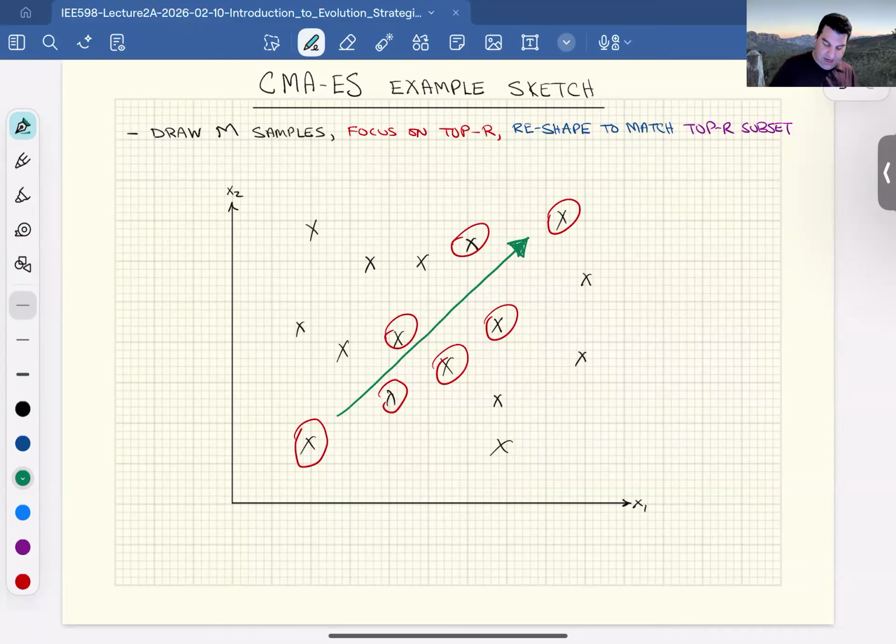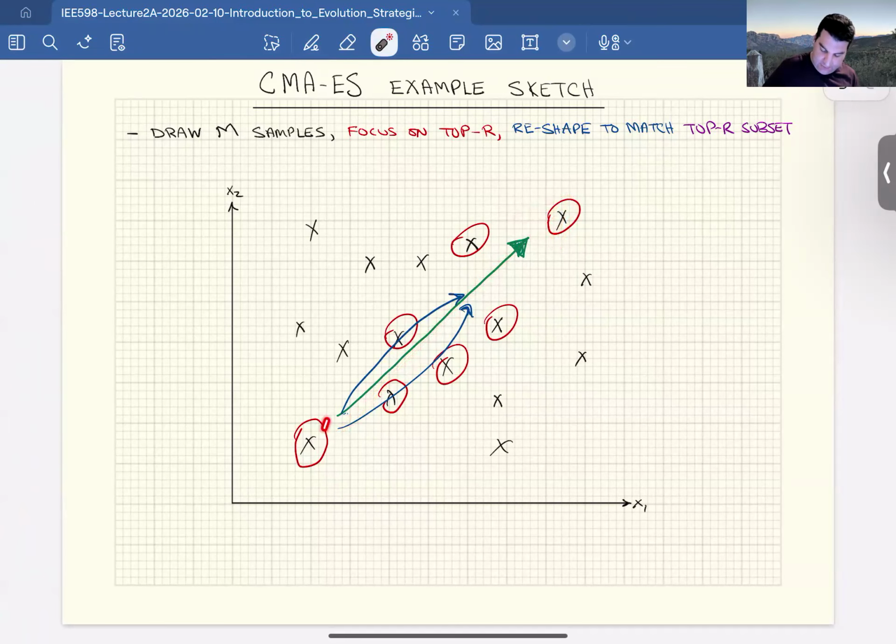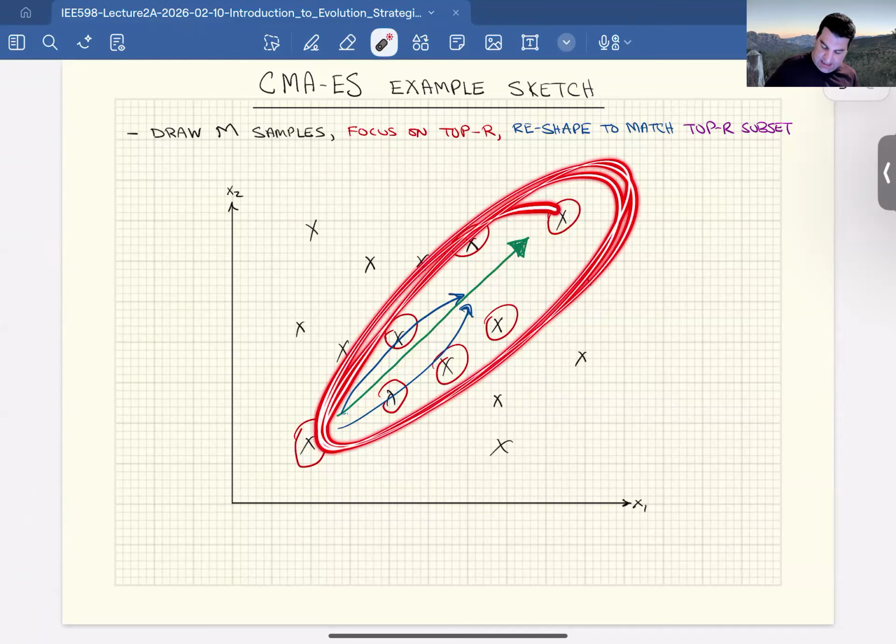So when I choose my step sizes, I should choose step sizes that are reshaped so that this distribution shifts its mean upwards in this direction, and compresses here, so that in the next generation I'm more likely to draw points over here.